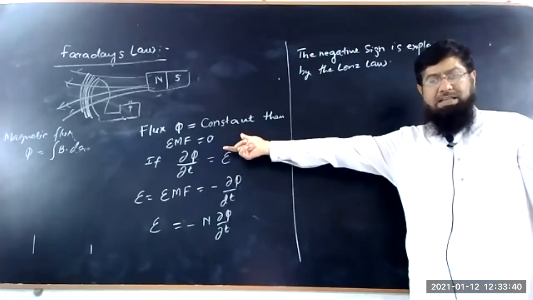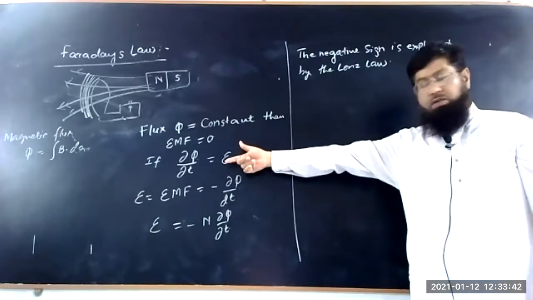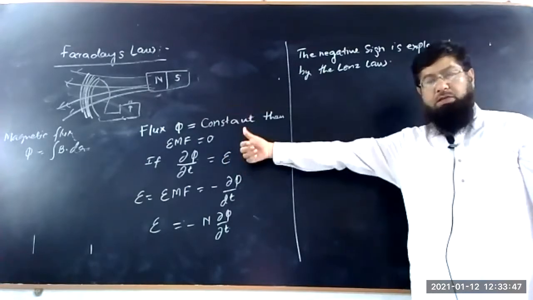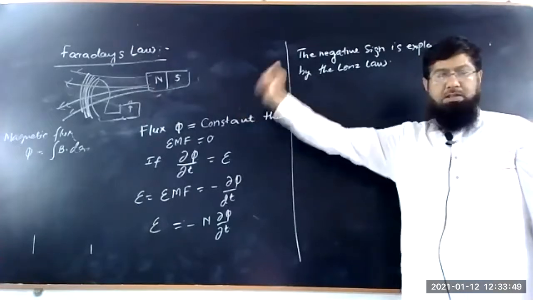This current will produce its own magnetic field, which opposes the cause that is producing it.